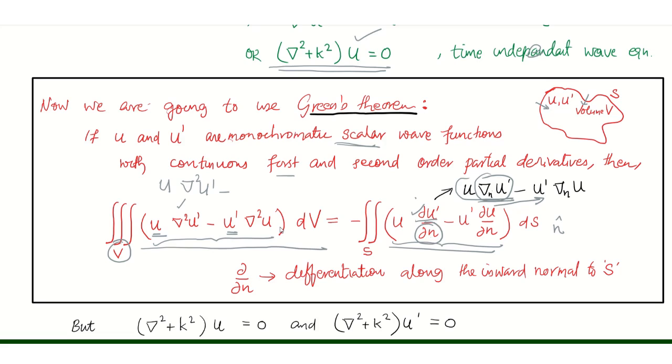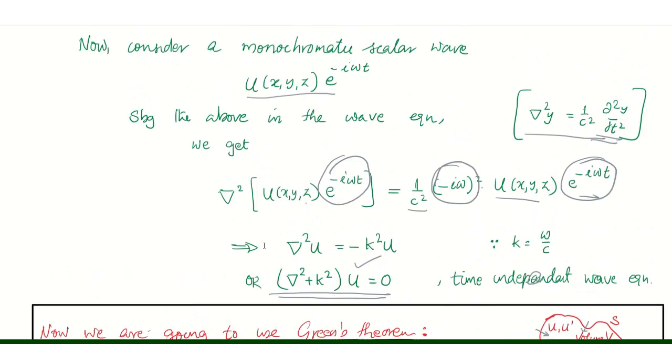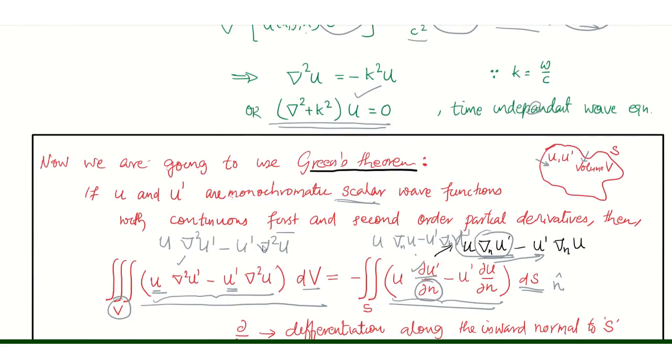To remember Green's theorem, it is a volume integral with u del square u prime minus u prime del square u, and here it is the surface integral, with u del n u prime minus u prime del n u along the surface ds. Now you have Green's theorem. One more thing which I want to stress is that we are talking about a scalar wave function.